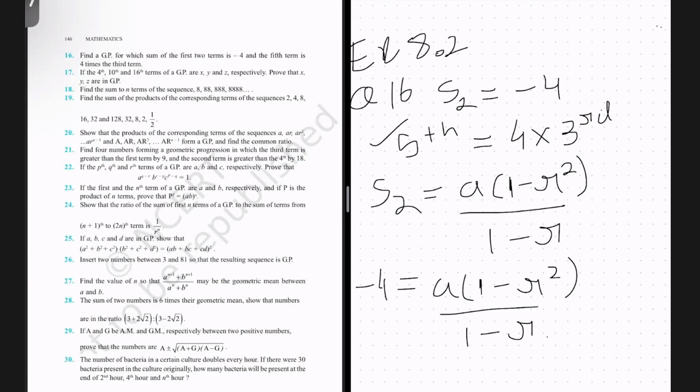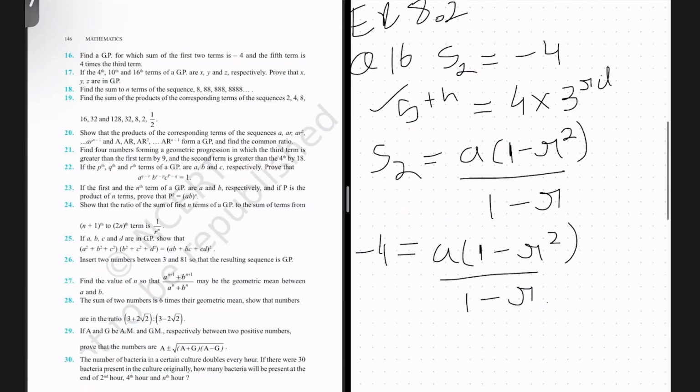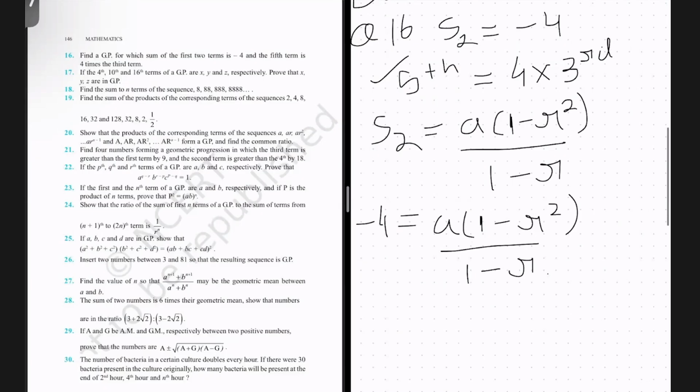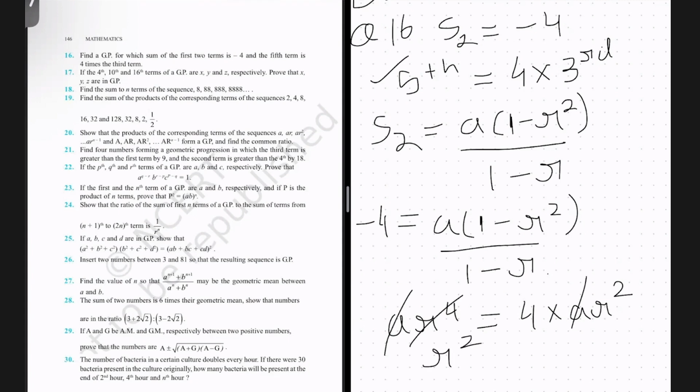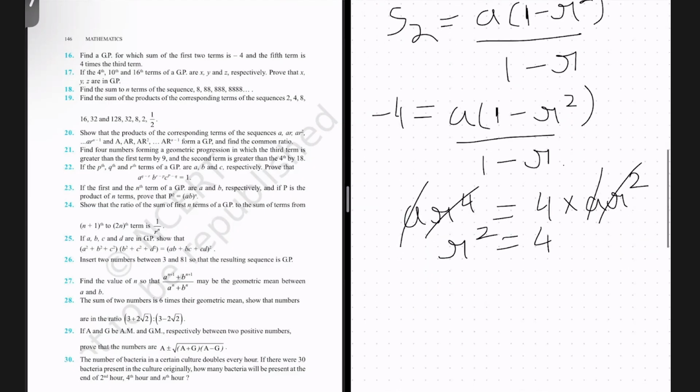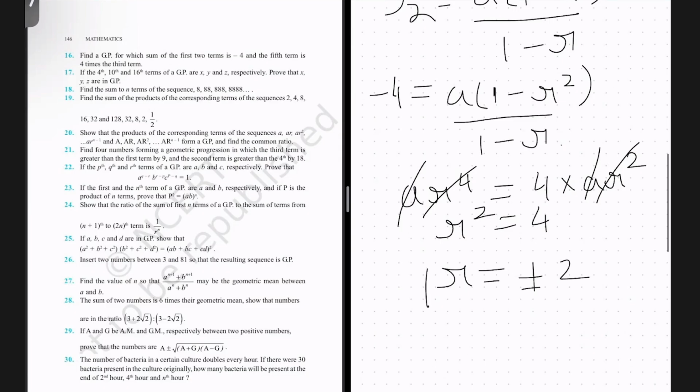You also have this particular equation to solve for: the fifth term is equal to 4 times the third term. So the fifth term could be denoted by a r^4, and this could be written as 4 into a r^2, right? So cancelling this out, you get r^2 equals 4, and when you solve for that, you have r equal to plus or minus 2, right?